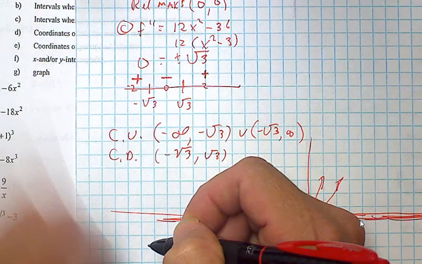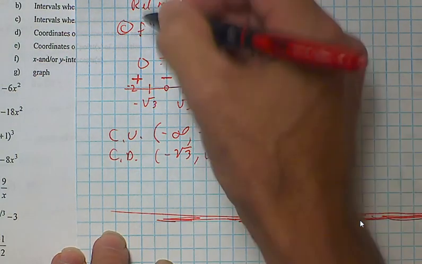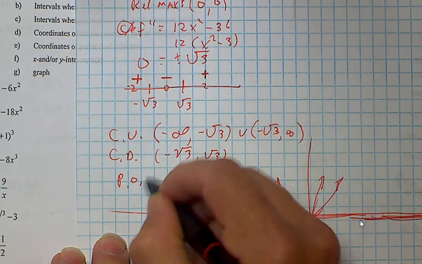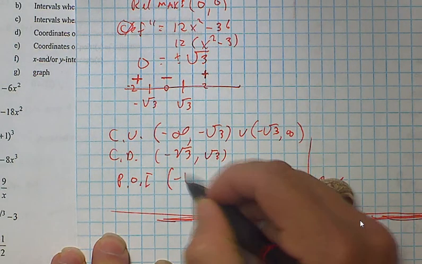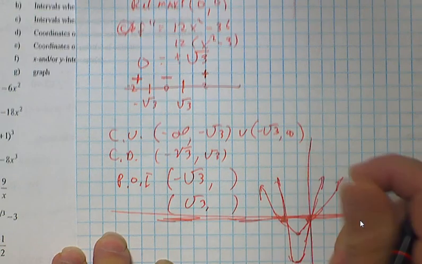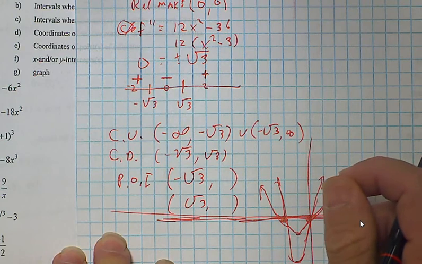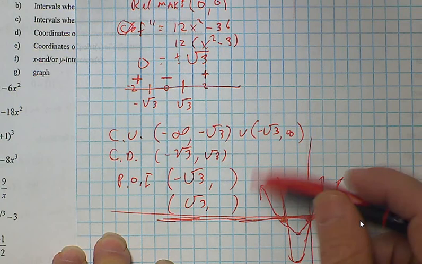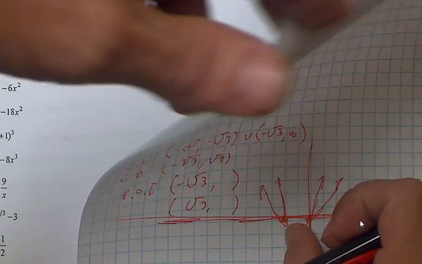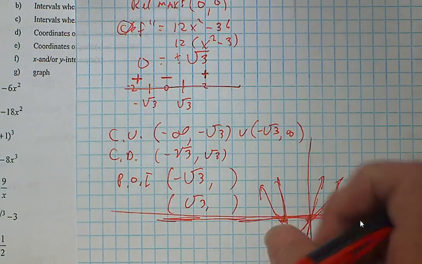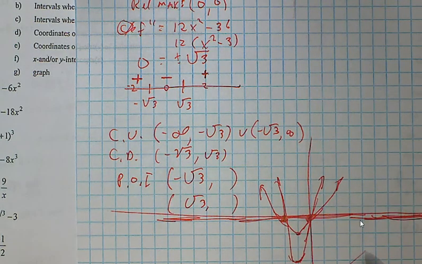So points of inflection at, again, you're taking these back up into your original equation. You'll definitely have to calculate for that, I would think. So it would just be 27?